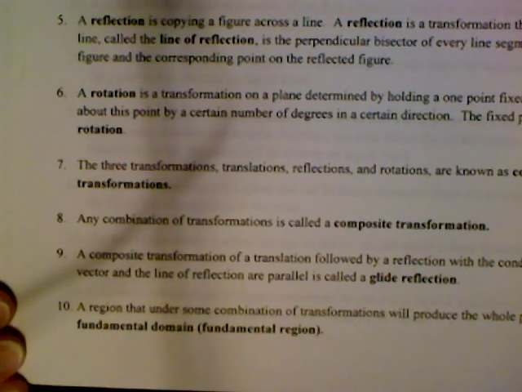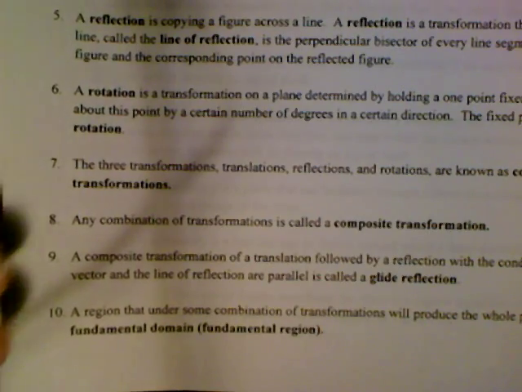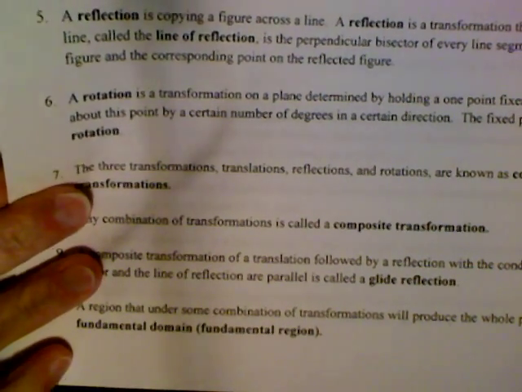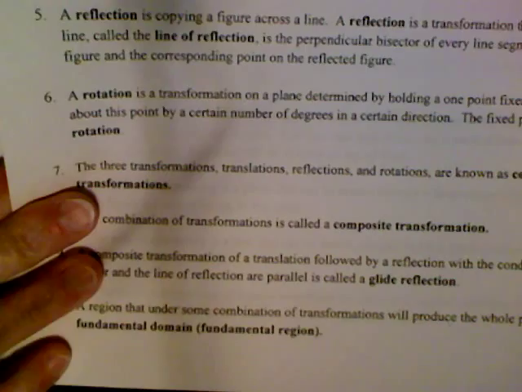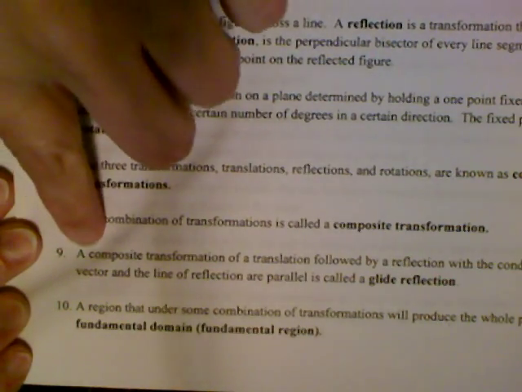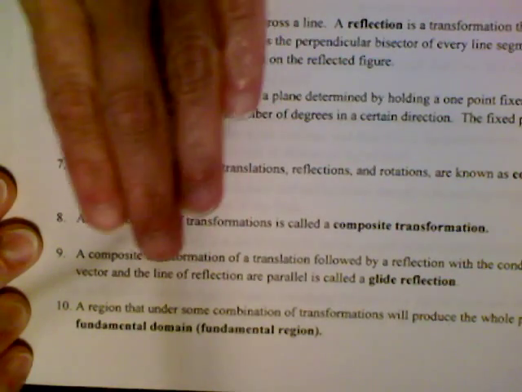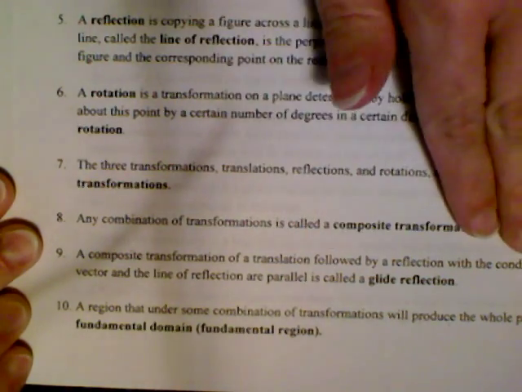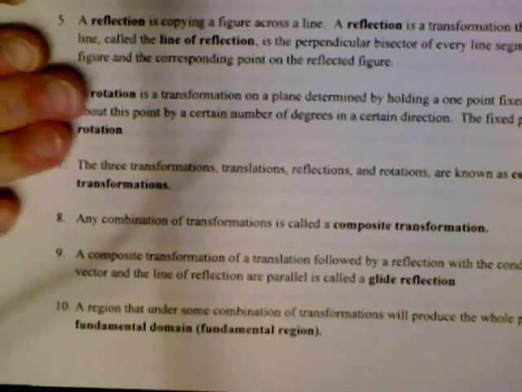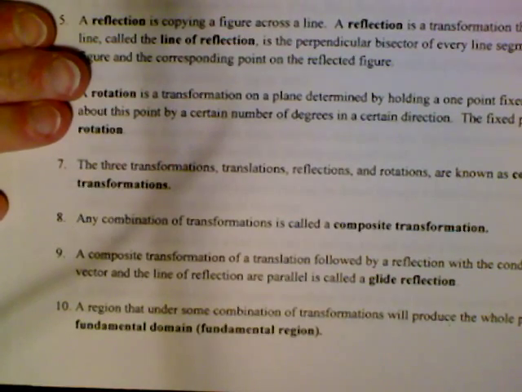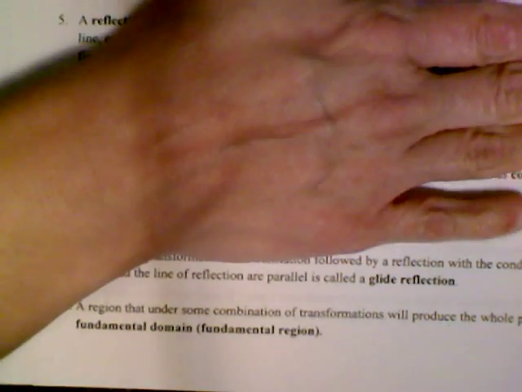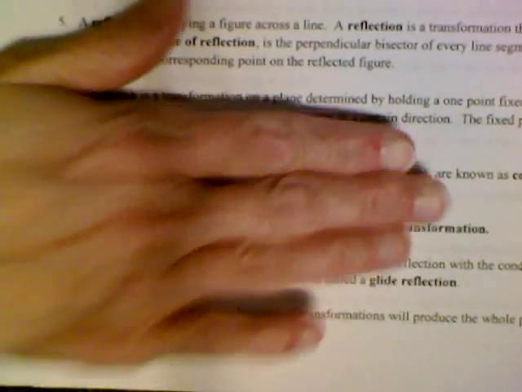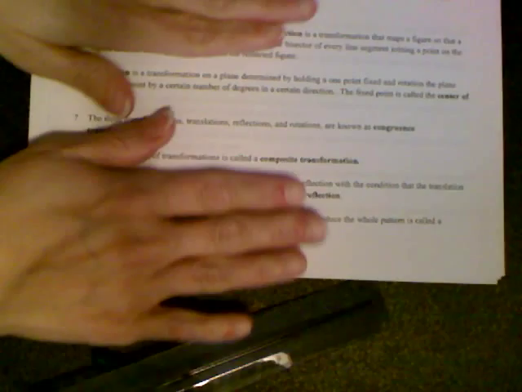A glide reflection, there are different types of reflections, translations. A glide reflection is a translation followed by a reflection. So imagine if I take a step and then reflect.